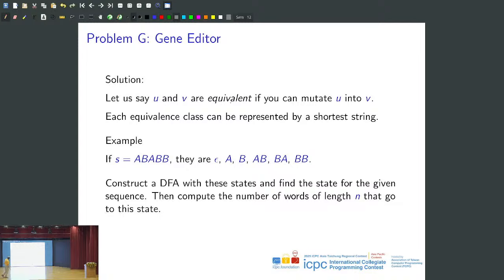You build the automaton, which is not easy. But once you have the automaton, then you just take the starting sequence, see into which equivalence class it falls, and then you can compute the number of strings of length n that go into the same state. This is just matrix multiplication, because the matrix is just the adjacency matrix of this graph. You compute the number of walks that get into these states and have exact length.